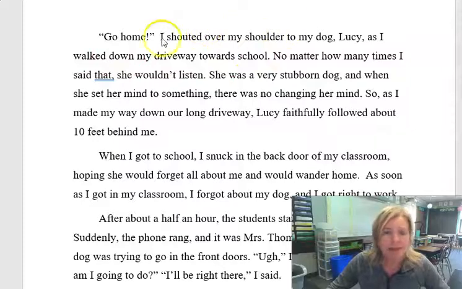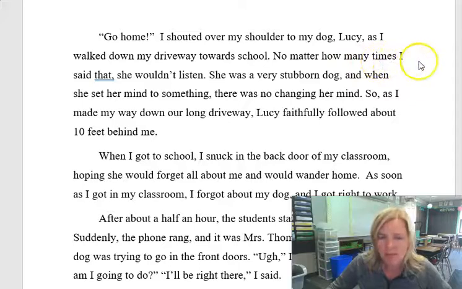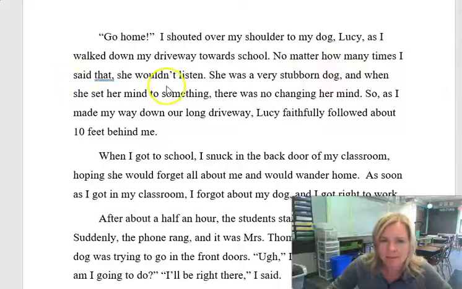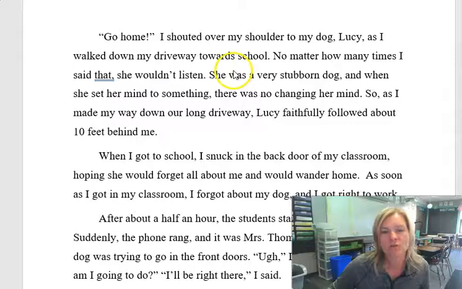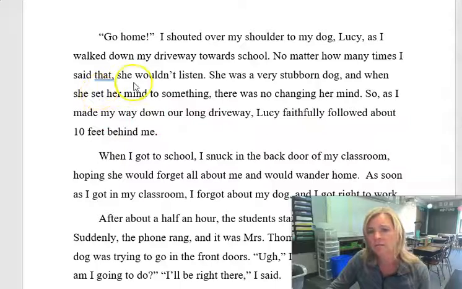It's some action, I'm walking, and then I add some more action. No matter how many times I said that, she wouldn't listen. She was a very stubborn dog, and when she set her mind to something, there was no changing her mind. Well, I might change it. So, as I made my way down our long driveway, Lucy faithfully followed about 10 feet behind me. So I described my character, who is my dog, she's stubborn, and gave some action and the setting.